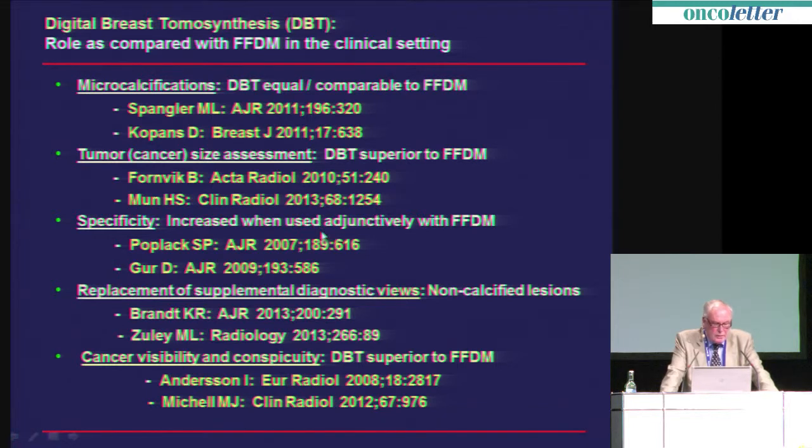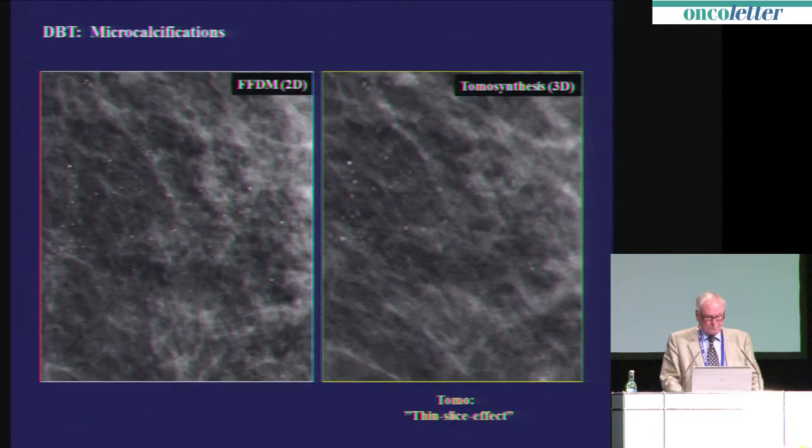Tomo is superior regarding the specificity, and it seems from studies published the last couple of years that tomo may replace supplemental diagnostic views, as MAG views and cone-down views, for non-calcified lesions. This opens, of course, for more effective work in the clinical setting and lower radiation dose to the women. And important, especially for breast cancer screening, tomo has an increased cancer visibility and conspicuity as compared to digital mammography.